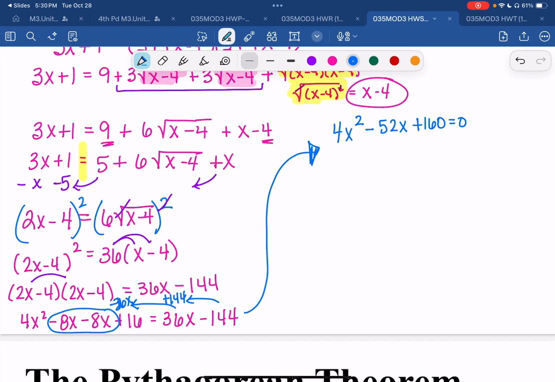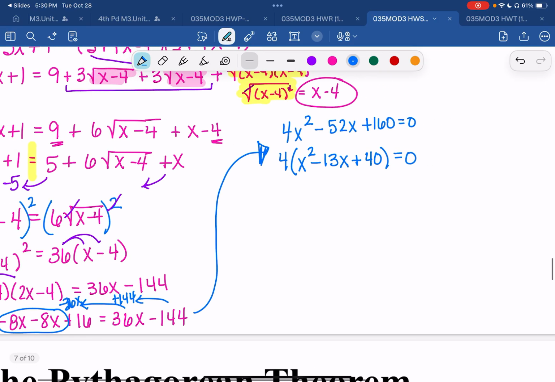The reason we want to do that is so that we can factor. If I look at all three of these terms, there's a GCF of 4. If I take out the 4, I've got x squared. I'm going to divide that negative 52 by 4, and that leaves me with minus 13x. If I divide 160 by 4, I've got plus 40 equals 0.